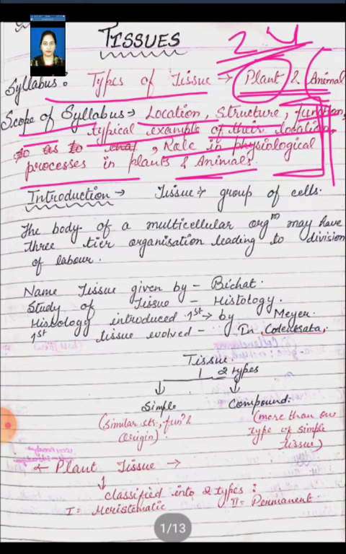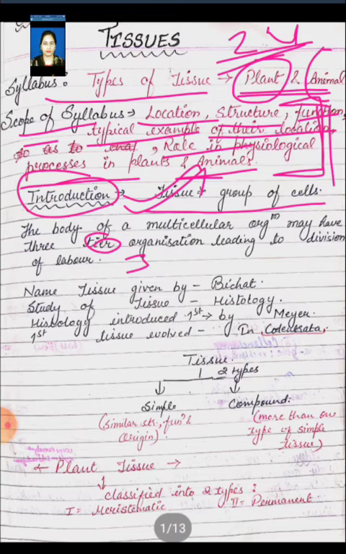Let's start with its introduction. What is tissue? A simple two-word definition: group of cells. The body of a multicellular organism may have three tiers. Tier means three types of organization leading to division of labor.